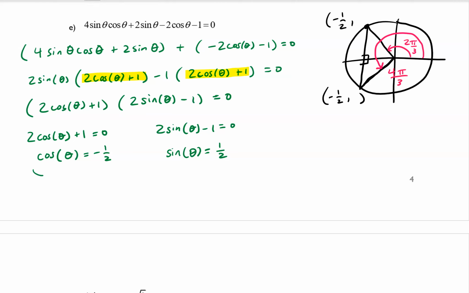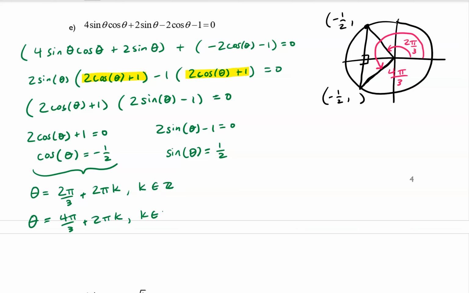So for this equation, we get solutions where theta is equal to 2 pi over 3 and all of its coterminal angles, and 4 pi over 3 and all of its coterminal angles.